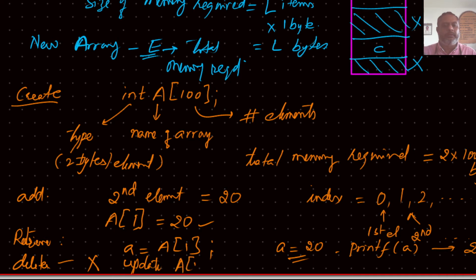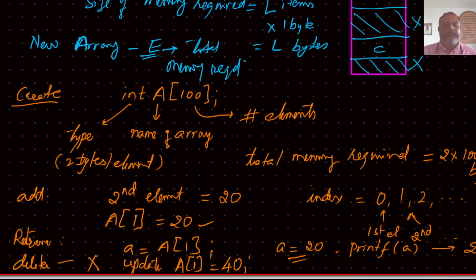So if I say A of 1 is equal to 40 and run this line, then now onwards there will be 40 placed in this location, which is indexed by 1. That is the second element of array A.